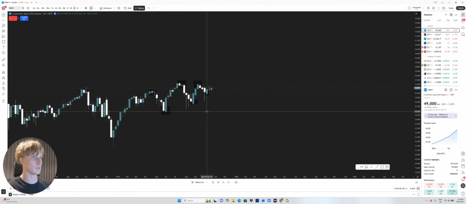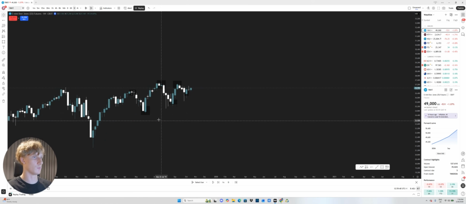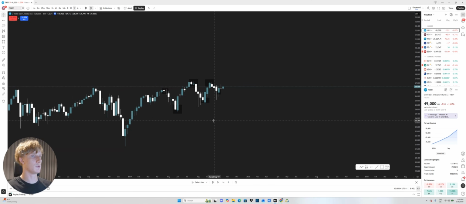So now we need to ask ourselves, is this bullish or bearish market structure? Well, here we have a low, we have a higher low, and we have a higher low. And here we have a high, but is this high higher than this high? Not really. But is this higher than this high? Yes, it is.